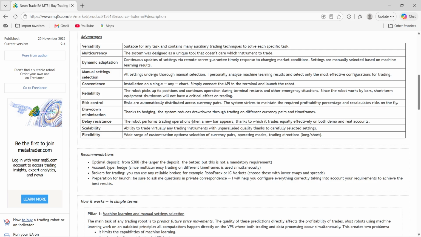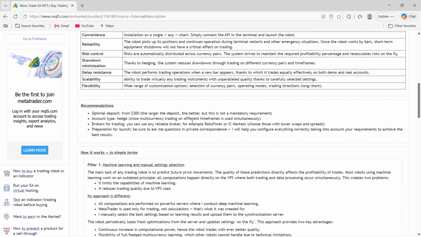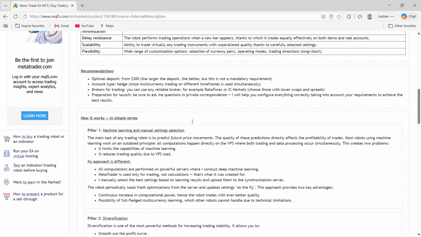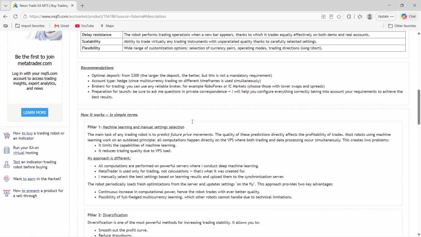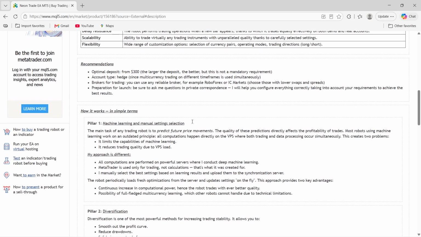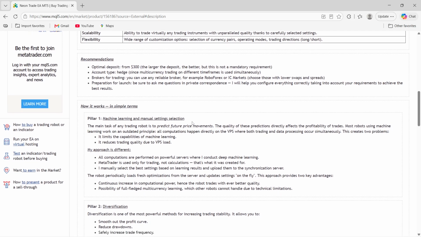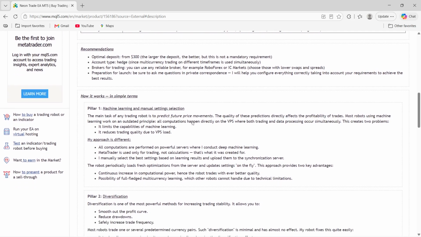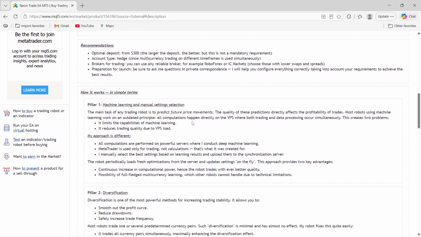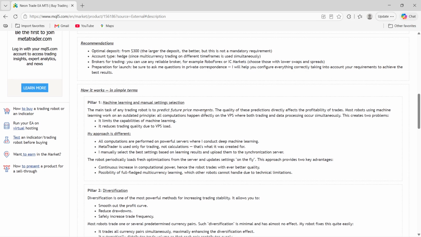The inputs and documentation allow customization of pairs, modes, risk levels, and other parameters. It's positioned as a flexible, scalable solution for traders who want broad market exposure with ongoing updates.